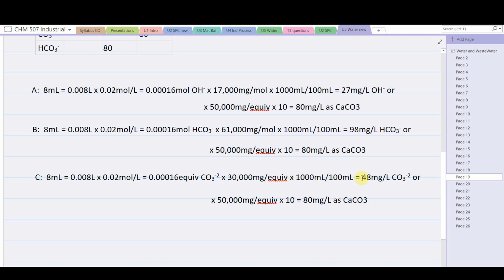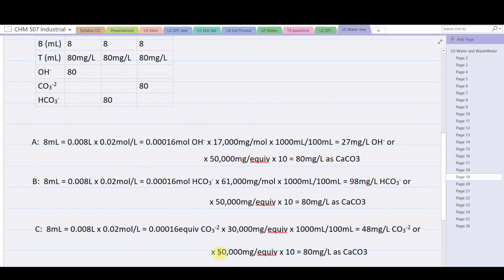So actually what's present is 48 milligrams per liter of carbonate, but really it has the same alkalinity as these other ones, so why not report it as calcium carbonate? We're going to multiply instead by 50,000 milligrams per equivalent times 10, 80 milligrams per liter as calcium carbonate.